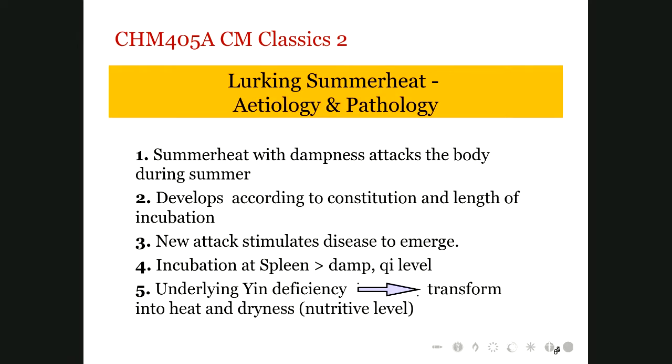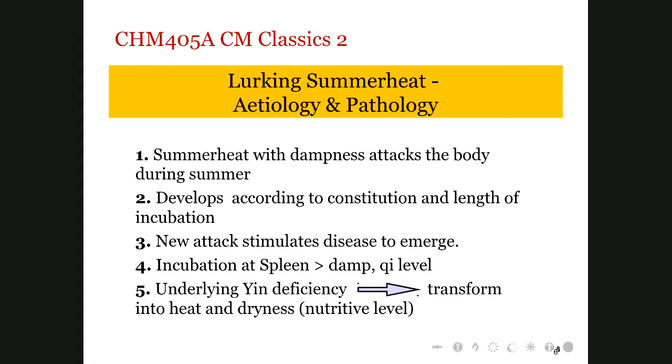Now, this is the basic important information regarding the features of lurking summer heat worms, for its etiology and pathology. Summer heat is usually combined with dampness. Damp is very naughty, always trying to squeeze things together, mingle together, saying, I love you, and mingle together with heat. So never is one going by itself. Summer heat mixes together with dampness.